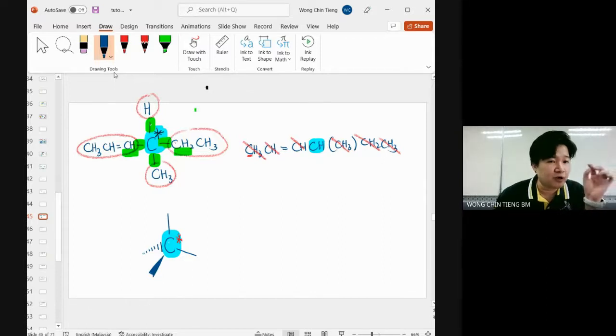Saya akan letak kumpulan besar di atas. Saya akan letak kumpulan yang besar, tengok kumpulan besar. Kumpulan besar saya rasa yang ni besar. So saya akan letak CH, double bond CH, CH3. Kumpulan besar, Miss Wong akan letak atas dan kiri.